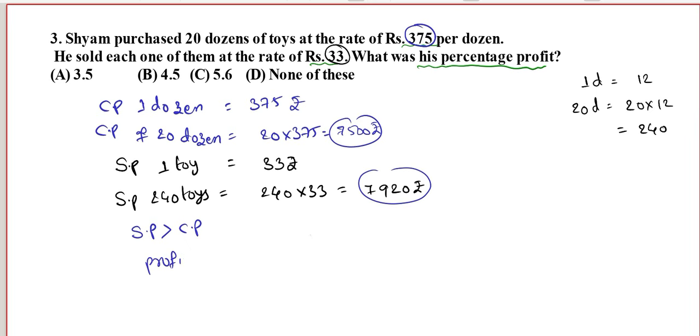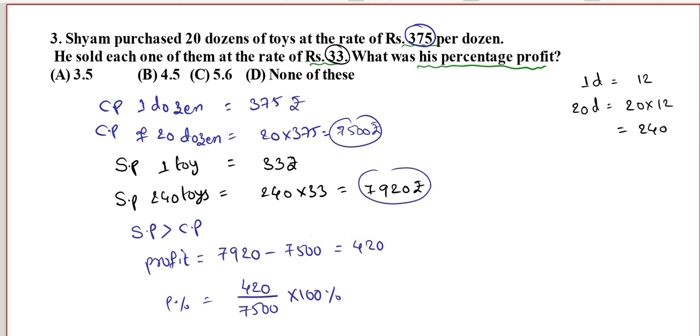So profit in terms of rupees is equal to selling price minus cost price, that is 7,920 minus 7,500, so we get 420. Now we are asked to find the profit percentage. So profit in rupees, 420, by cost price 7,500, into 100 percent. Two zeros get cancelled, so we get 420 by 75.